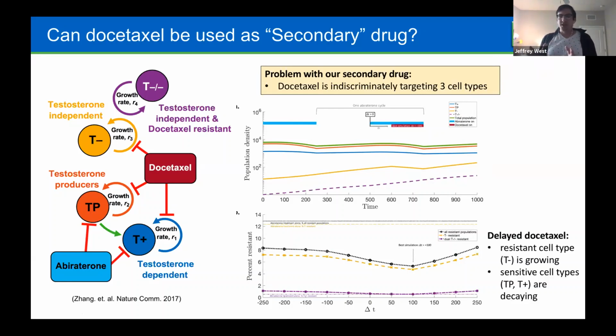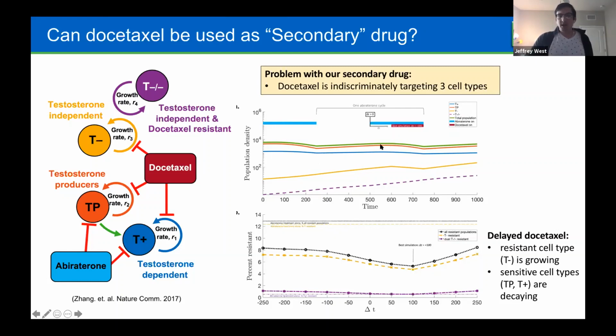This delayed docetaxel basically waits until the resistant cell type is maximally proliferating. You can see that if we were to give it slightly before abiraterone, all 3 cell types have a positive slope. Docetaxel targets positive growth rate cell types, meaning our docetaxel dose wouldn't have as great an effect because it's targeting all 3 cell types indiscriminately.